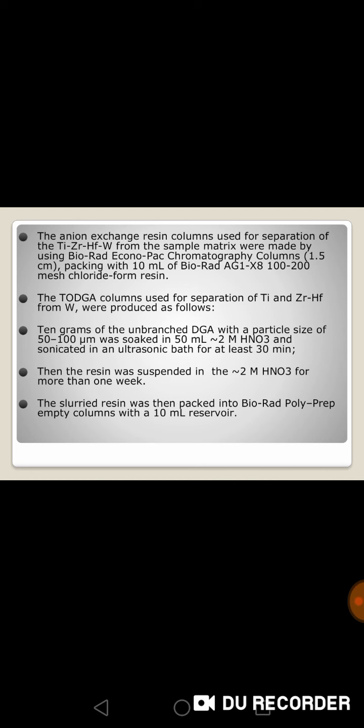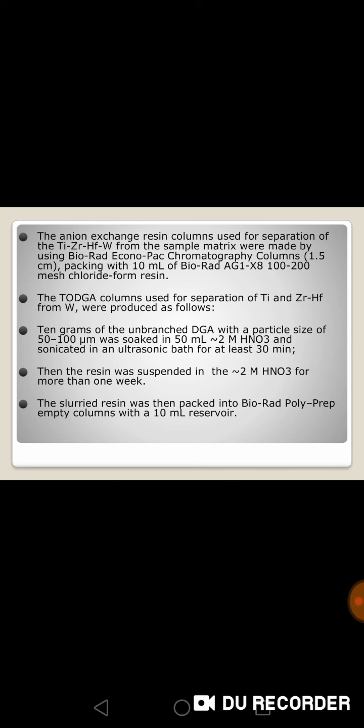The TODGA column used for the separation of titanium, zirconium, and hafnium from tungsten was produced as follows. First, 10 grams of unbranched DGA with a particle size of 50 to 100 micrometer was soaked in 50 ml of about 2 molar HNO3 and sonicated in an ultrasonic bath for at least 30 minutes.